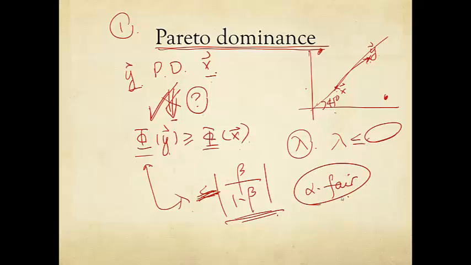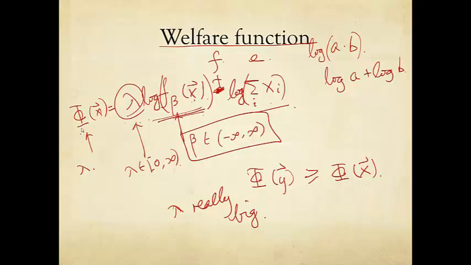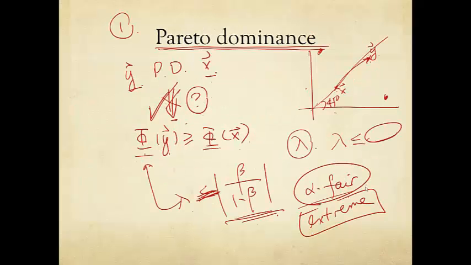In other words, the alpha fair utility function is an extremal case that says, put as much emphasis on fairness as you can without breaking the common sense condition. Then the welfare function, a generic function, this one, reduces to the special case, which is the well-known isoelastic or alpha fair utility function.